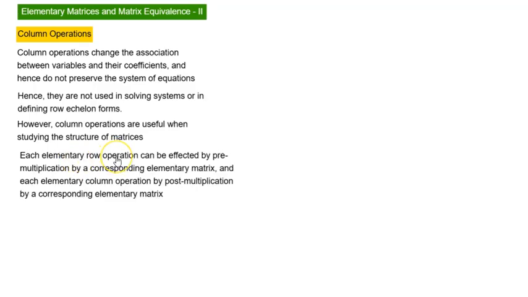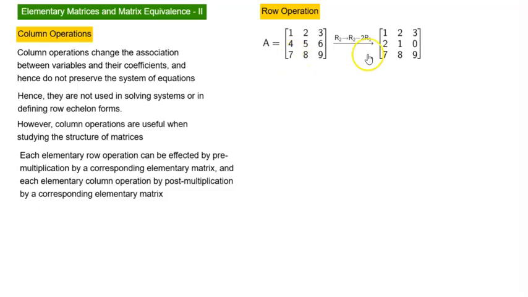Each elementary row operation, as we saw in the previous session, can be effected by pre-multiplication by a corresponding elementary matrix. Now, we can say that each elementary column operation can be effected by post multiplication by a corresponding elementary matrix. For example, row operation, we have already seen this.